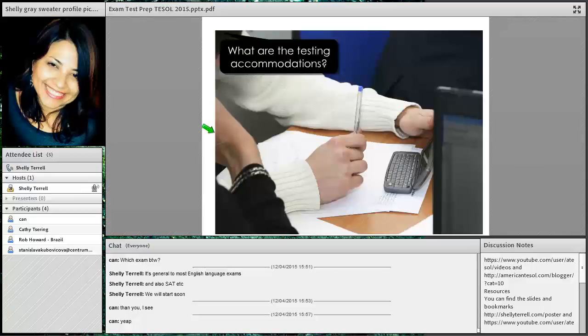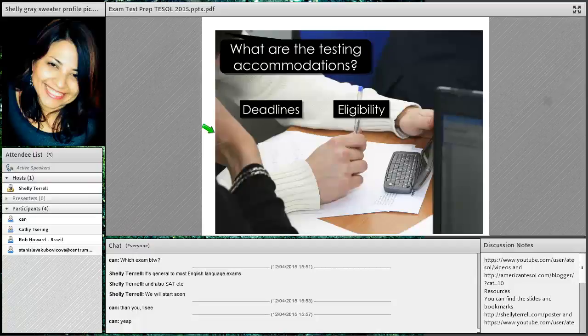A lot of teachers don't realize that students are allowed certain things at a test because they're language learners. Or if you have students that have learning needs, such as dyslexia or ADHD, a lot of times your students can have accommodations.